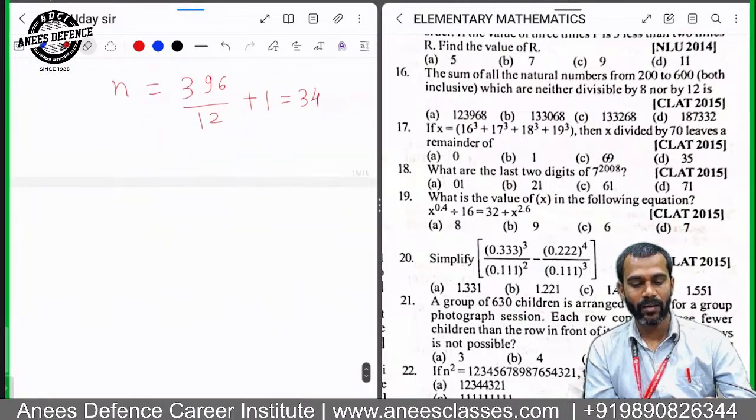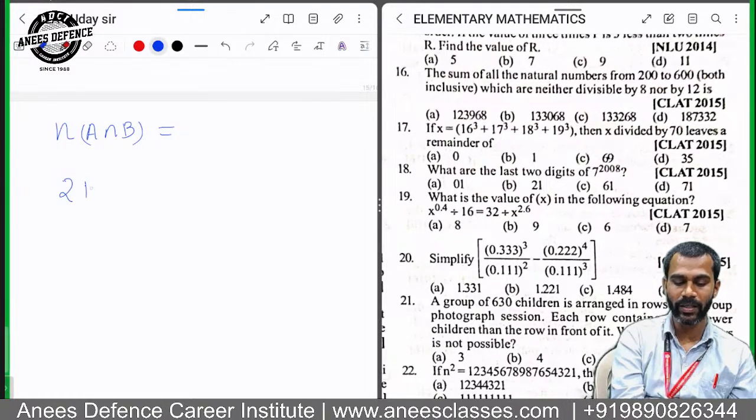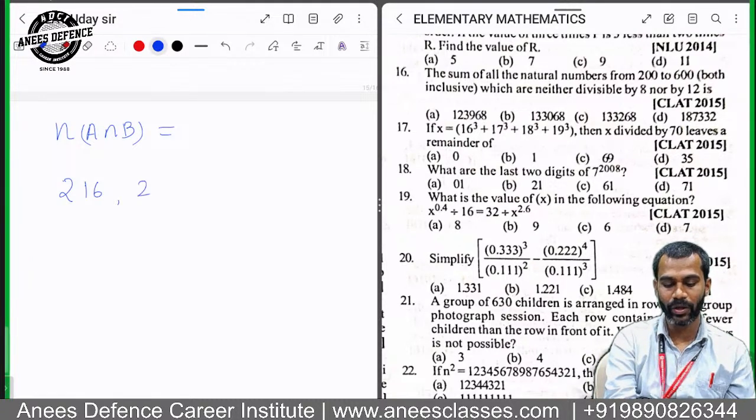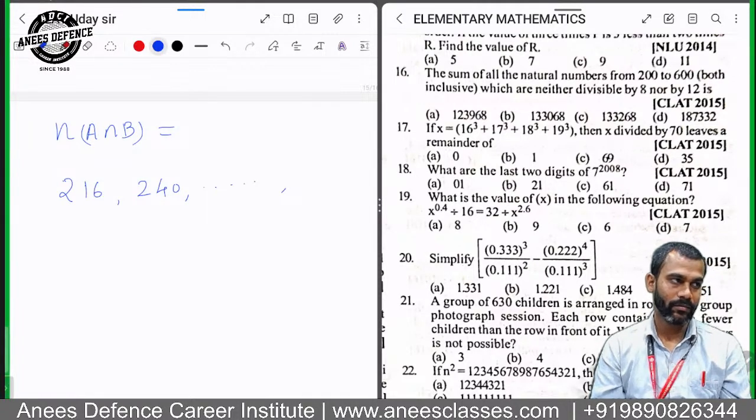So for n of A intersection B, the first number would be 216, and the next one would be 240. The last number is 600. Is 600 divisible by 24?